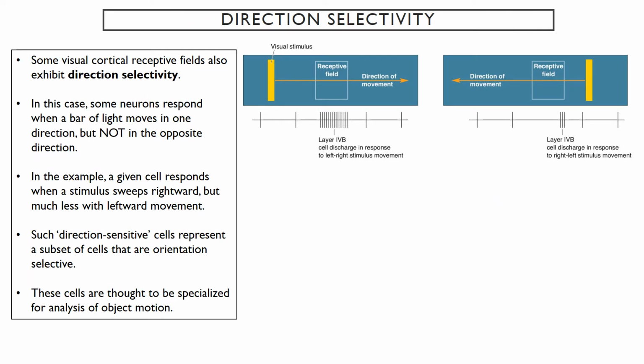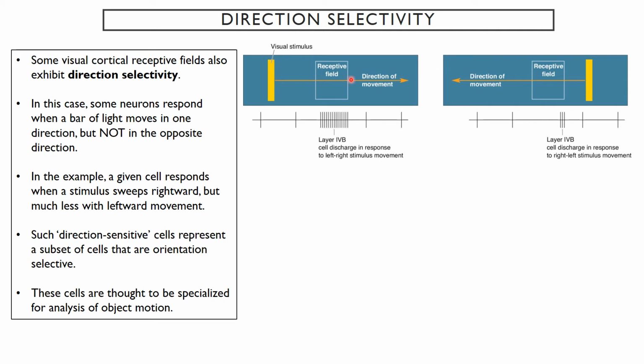With this kind of activity, you will find neurons in V1 that also have direction selectivity. A large number of the neurons in V1 will have what's called direction selectivity. So there will be a particular orientation that they're sensitive to within a given receptive field, but they are also sensitive to the direction of movement. In this case, we have neurons that respond to movement in one direction.